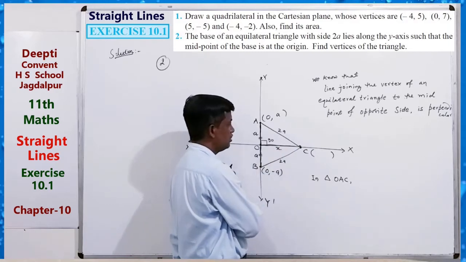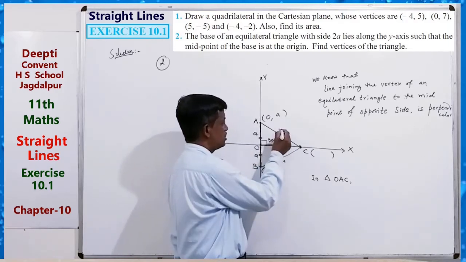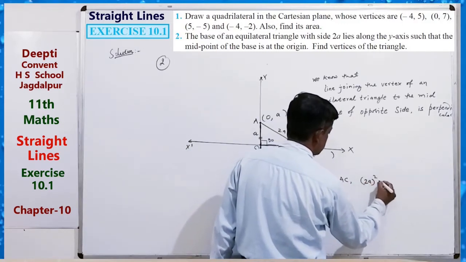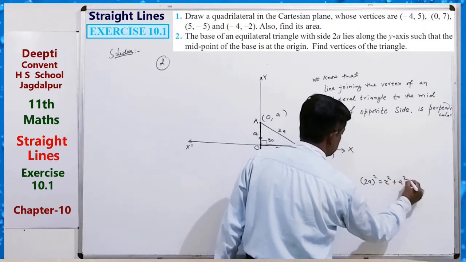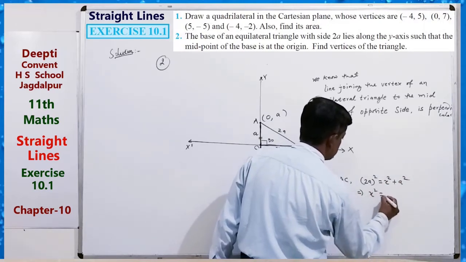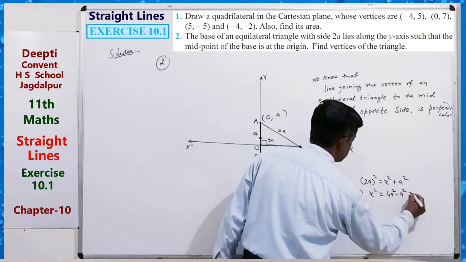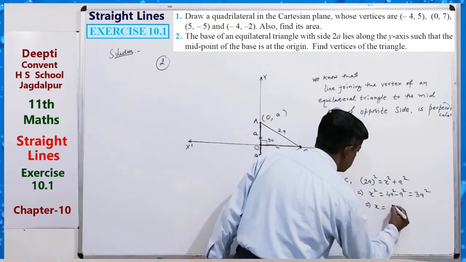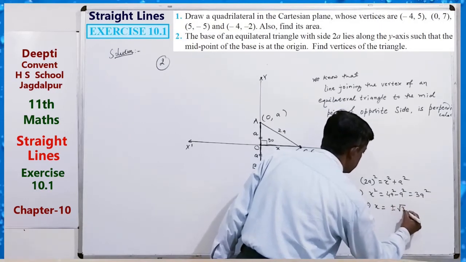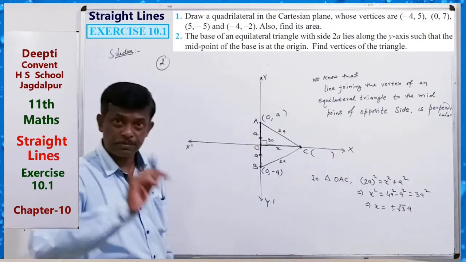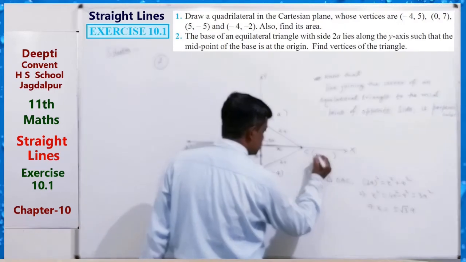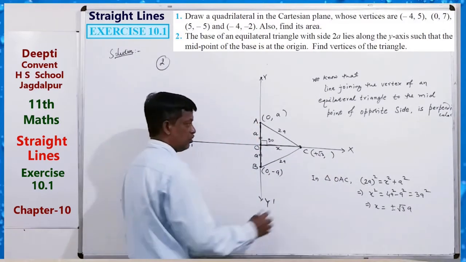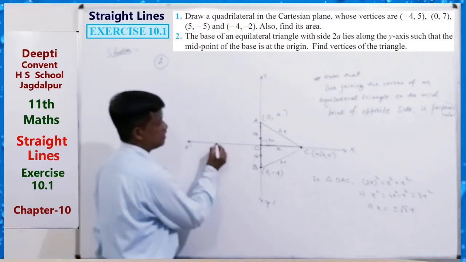So we can write 2a square equals a square plus x square. Here x square equals 4a square minus a square equals 3a square. So x equals plus minus root 3 a. So this is plus root 3 a, value of x, and y equals 0.